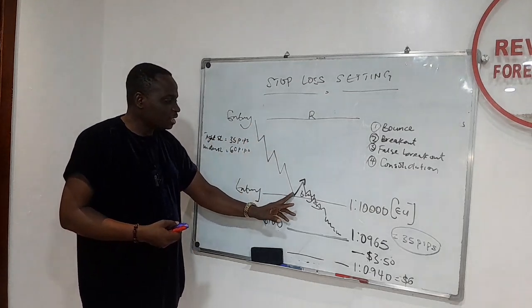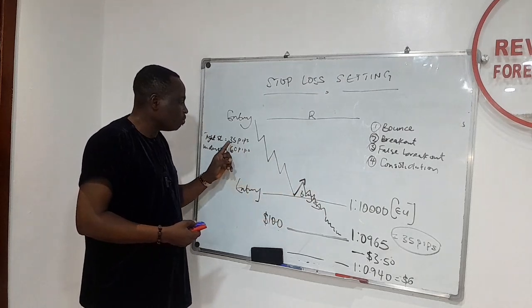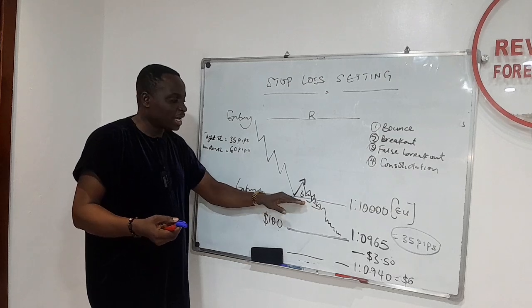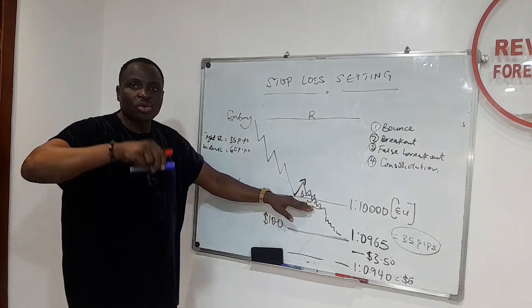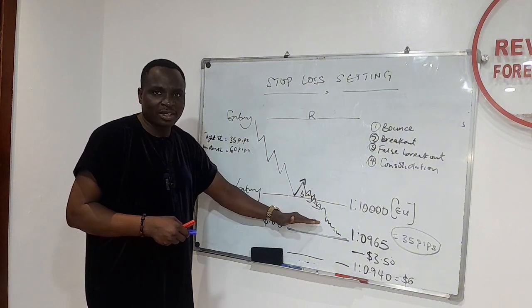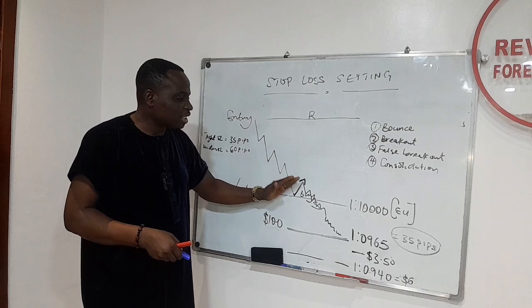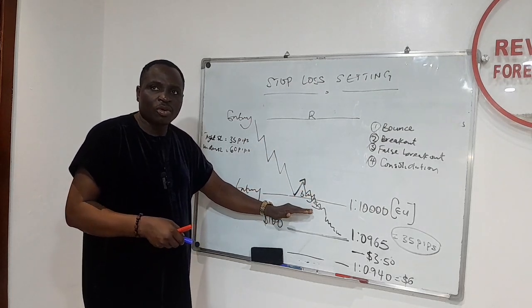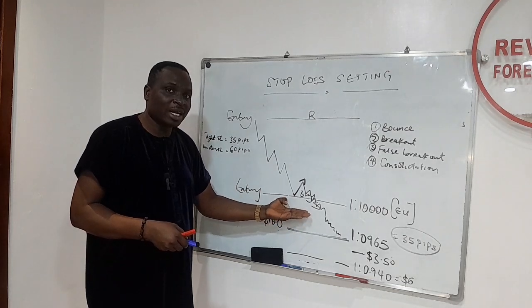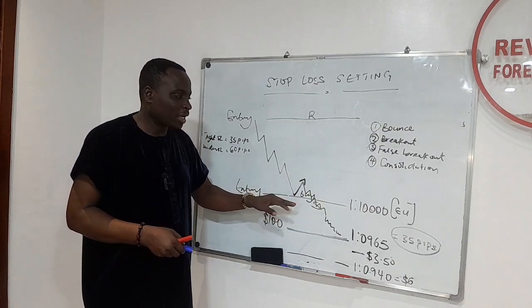Definitely, if the market is going to respect the key level before it will move 35 pips, let's assume there is a struggle. Always remember that any key level is a struggle zone for both the sellers and the buyers. When the market gets to any support, it is a struggle zone for those that are selling into the market and those that are still willing at the support to go long on the same market.